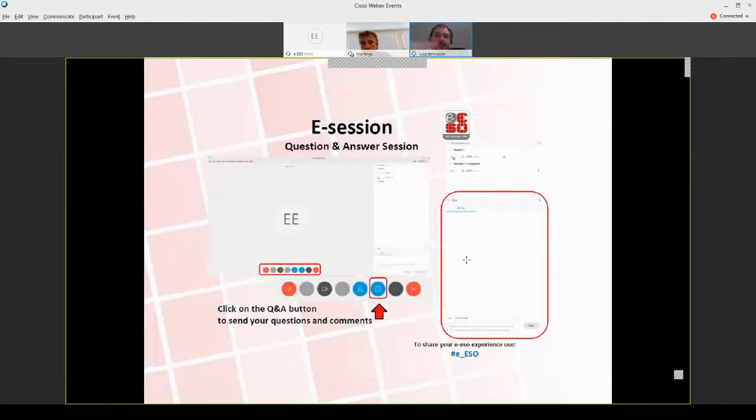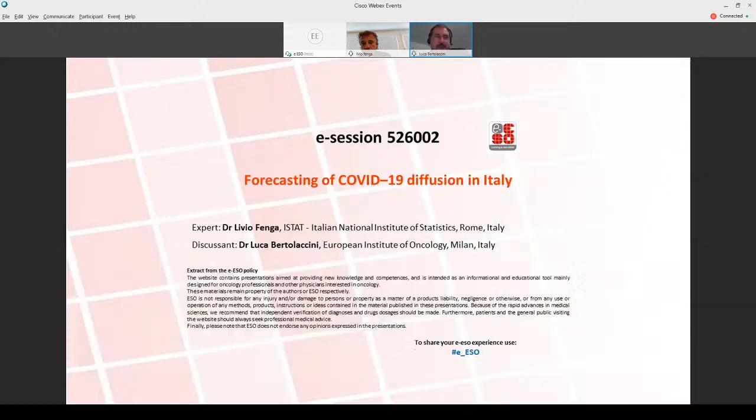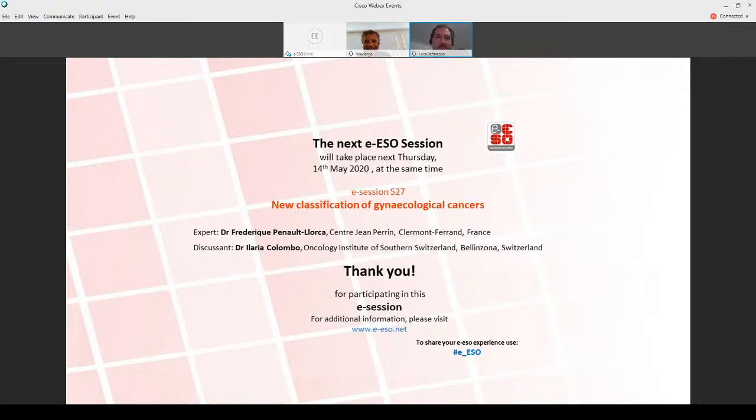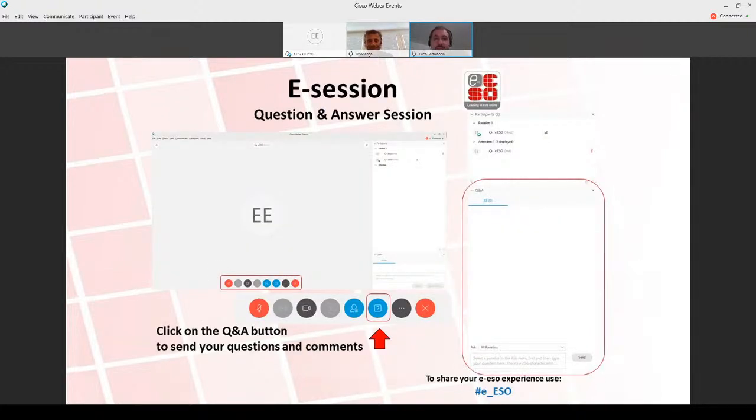So, Livio, you explain a democratic model, because everyone could try with the data available, not only in Italy but in each European and world country. Absolutely, and thank you, Luca, for the word democratic. Everybody can. There are no crystal balls here.